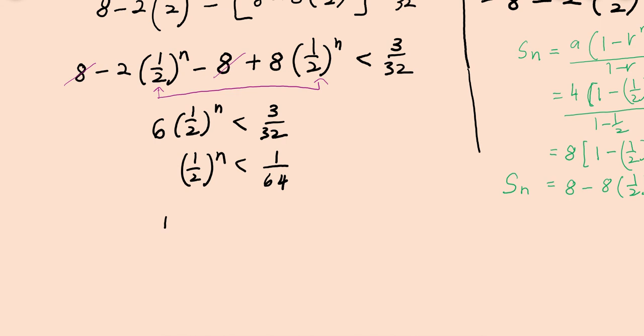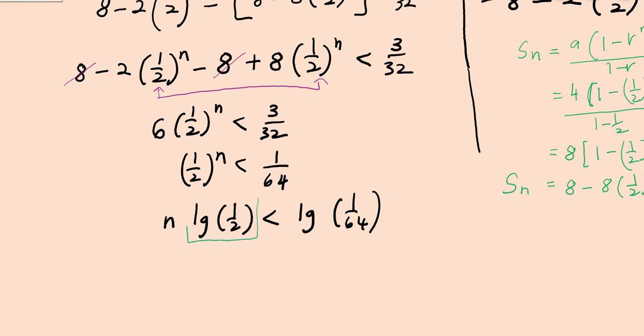Kita guna log base 10. So, n log 1/2 less than log 1/64. Yang ni sebenarnya log 1/2 nilai dia negatif. Log 1/64 pun value dia kalau tekan calculator akan dapat negatif.